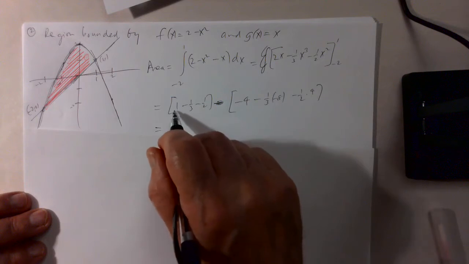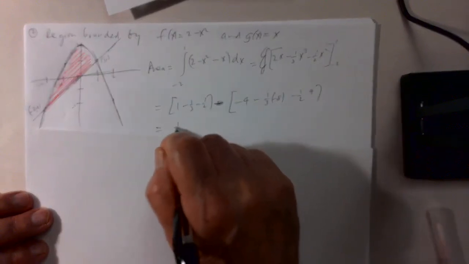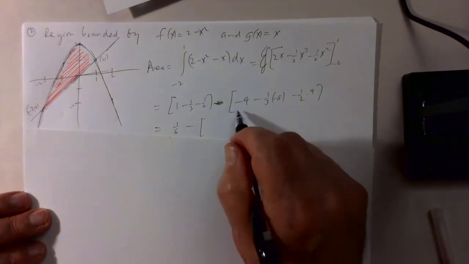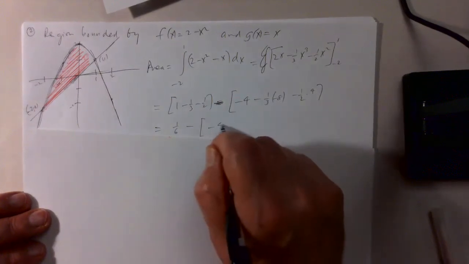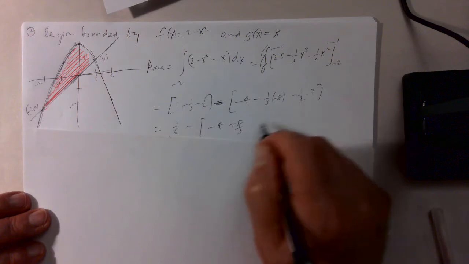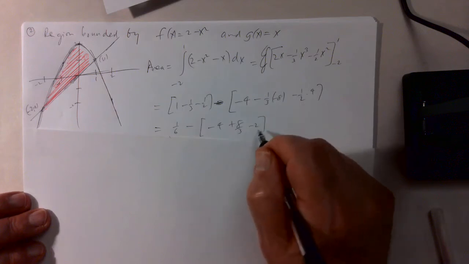So this is 1 minus 5/6, that's 1/6, minus 4 plus 8/3 minus 2.